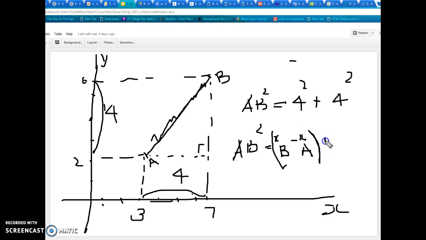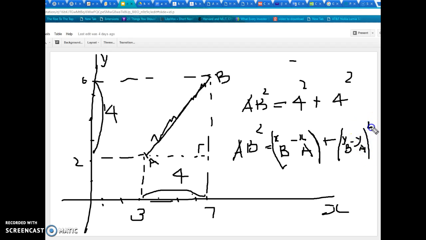That's the general formula, plus there's gonna be yB minus yA squared.